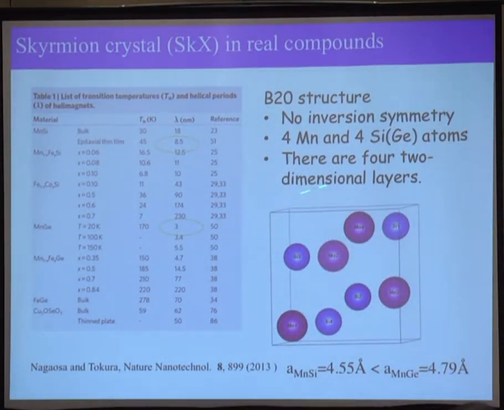If we look into the crystal structure, the magnetic silicide and the germanium have no inversion symmetry, and in this crystal unit cell you have 4 formula units. Between the silicide and the germanium, the lattice constant is a little bit expanded.